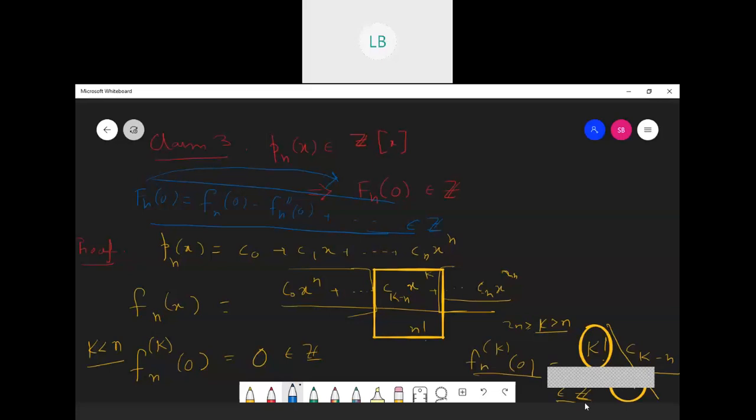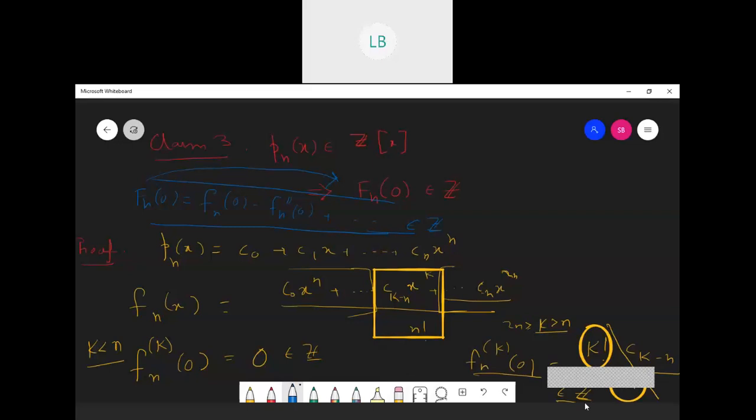Fine, so I'm going to erase it, but just remember all three claims are very important to prove the irrationality of pi. We are almost done with the basic or general construction. Now we are going to prove the irrationality of pi. So I will give you a very short break of maybe 2-3 minutes.